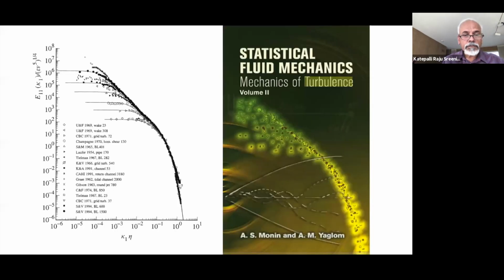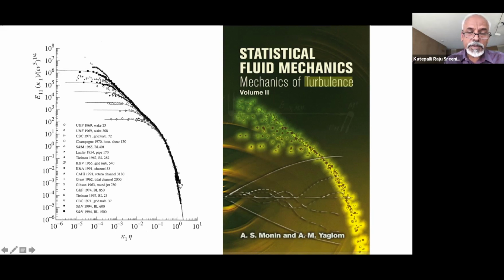So in fact, this is a well-known diagram in the literature where many experiments have been plotted. This is spectral density, which is the Fourier transform of the G here. And here is k eta. If everything is right, then for large k eta, or in this region here, it's not large, but it is in the dissipative range, everything must collapse. In fact, this was supposed to be a very important result.